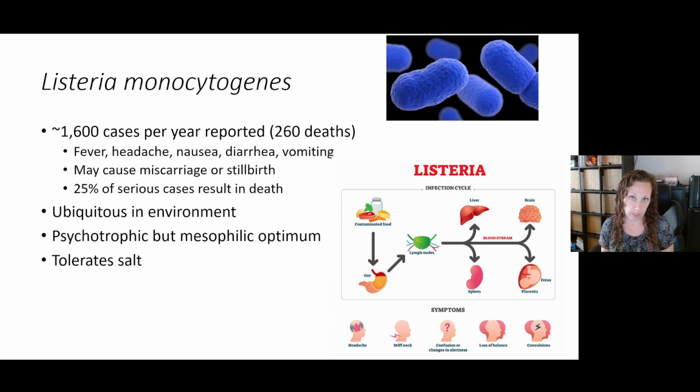There were ingredients that we required to be in all products that were considered ready to eat that are tested and we know prevent the growth of Listeria monocytogenes. These are things like calcium lactate, for example.